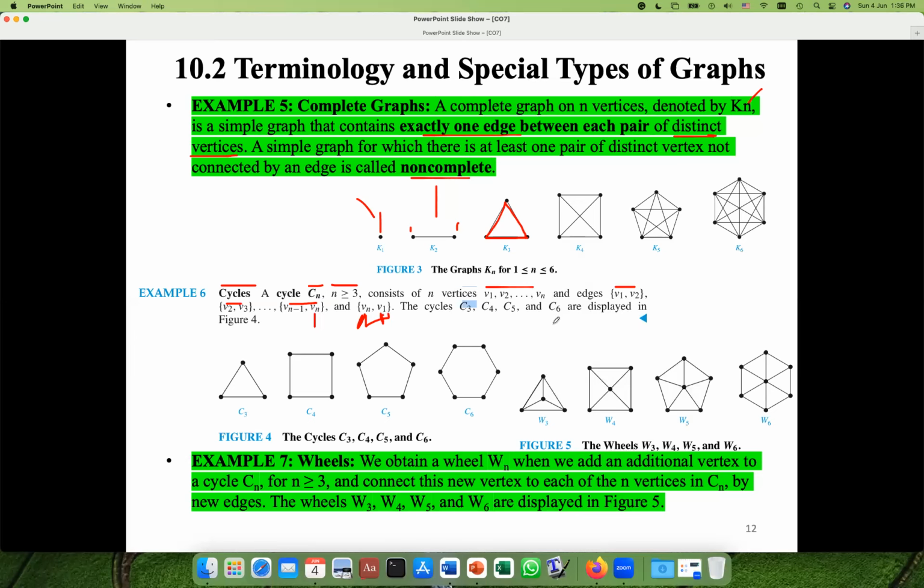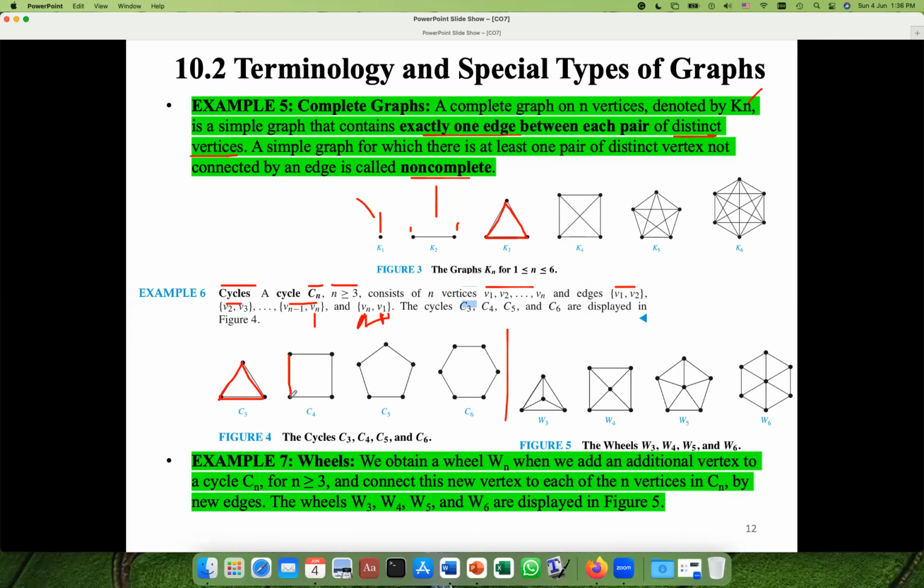And we have different cycles for C3, C4, C5. It is mentioned here in figure 5. See for C3, when you have 3 vertices: start from V1 to V2, V2 to V3, V3 to V1, cycle complete.